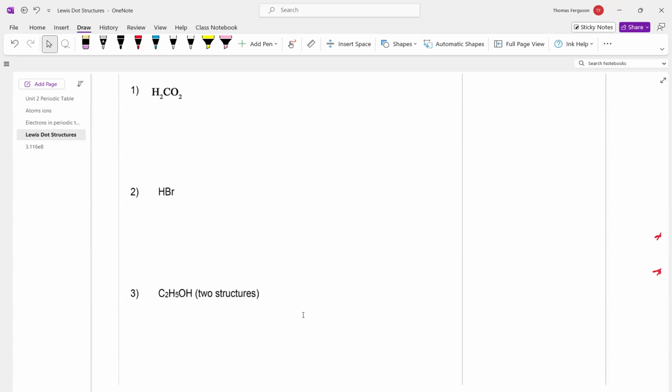It's got 2 pairs and 2 singletons. They're not together though, they're single. See, these are paired. The paired ones don't form a bond, but the single ones do.